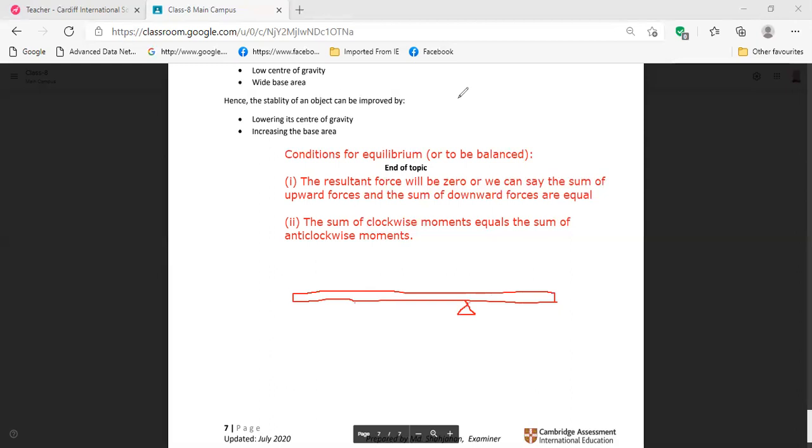No, this one I'm giving you a little bit different example.